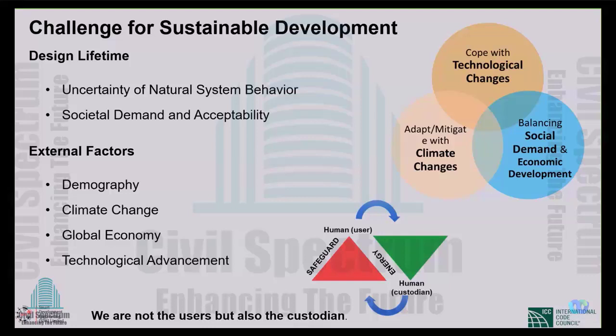In a design lifetime, when setting the design lifetime, this is important. Users now say, okay, I'm going to use this building for 100 years. But when you're talking about 100 years, you don't look at the uncertainty in the natural system. It means you put your plinth level or formation level in such a way that in 100 years it won't flood.